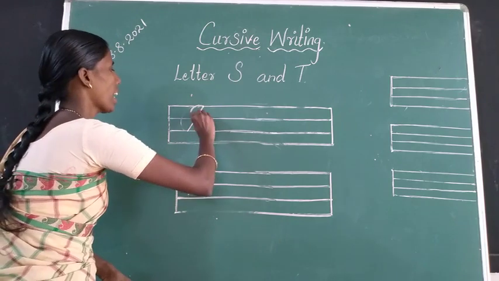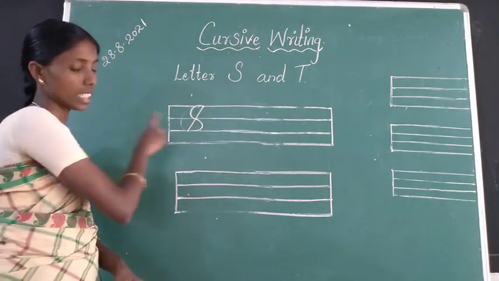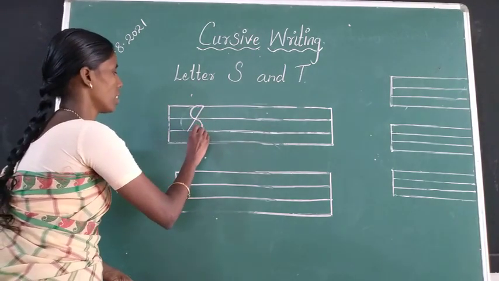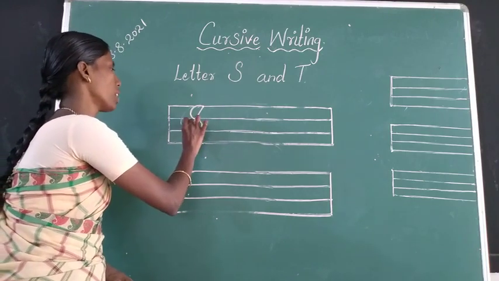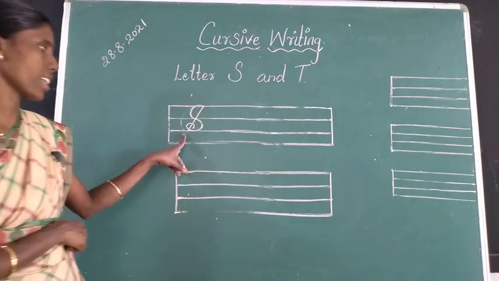Then make a right curve till third line. Then make a loop and turn it inside. This is capital letter S.